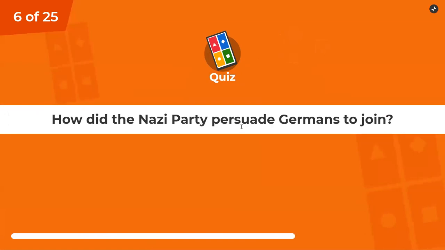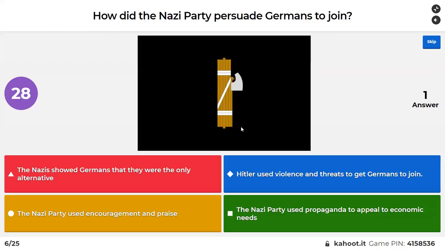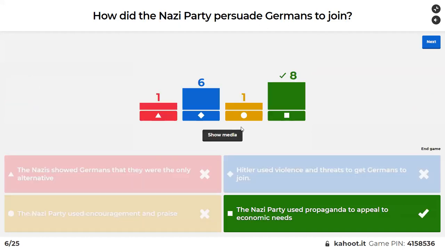All right, how did the Nazi Party persuade Germans to join? Nazi Party used propaganda to appeal to economic needs.